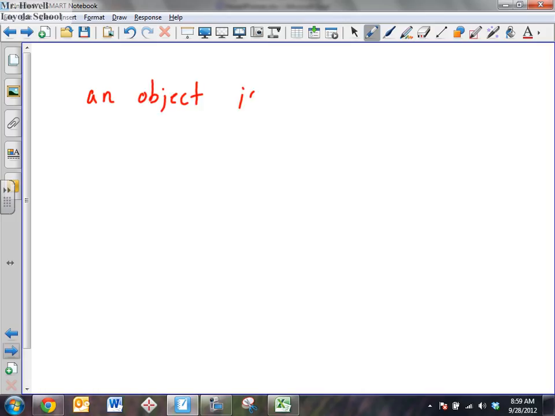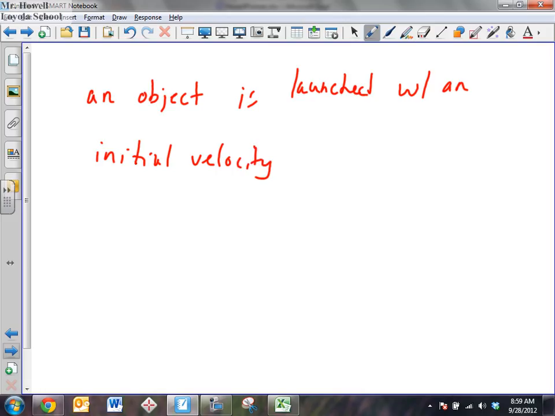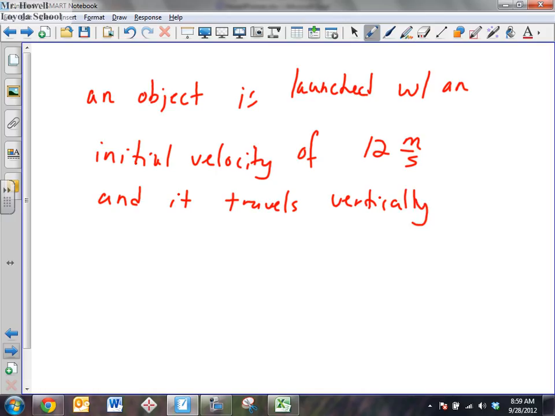An object is launched with an initial velocity of 12 meters per second, and it travels vertically 25 meters. Find the time it takes.